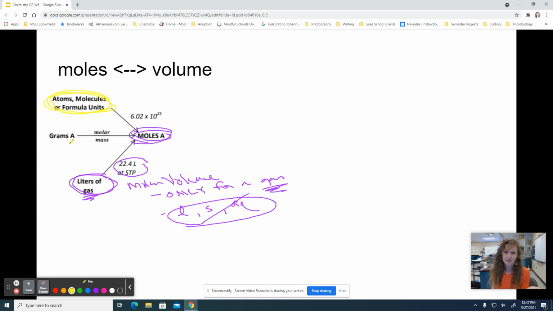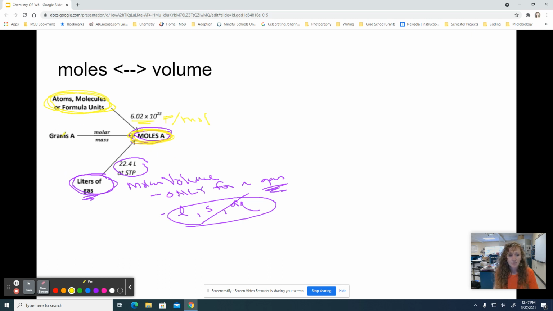It could also be ions, could also be golf balls, could also be donuts or elephants, right? So anything that's a particle, if you want to talk about one group of that particle, we call this very large group a mole. And the conversion between particles and moles is right here. It's Avogadro's number. So it's 6.02 times 10 to the 23rd particles per mole.